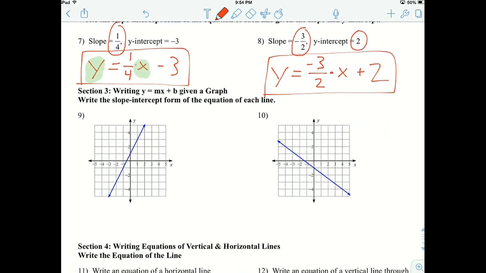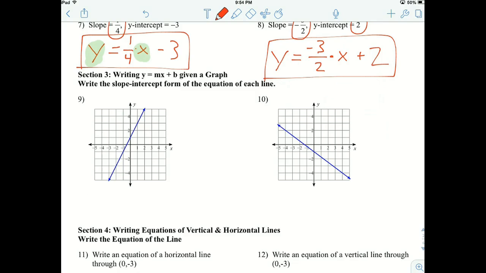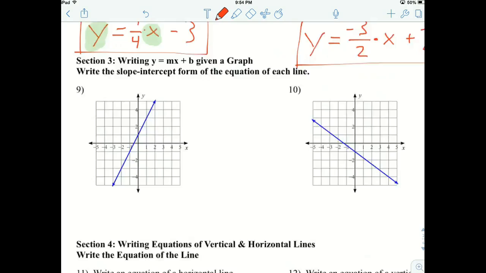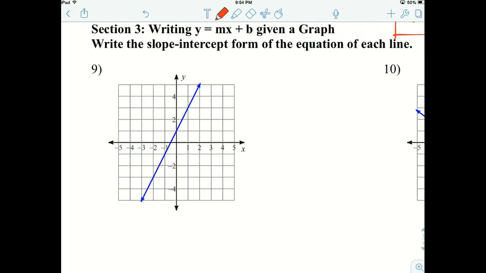If we scroll down a little bit, we can do this from a graph as well. On this graph, number 9, we can figure out our slope and our y-intercept by giving ourselves a couple points. So I see that it crosses the y-axis right here, 1 up. Another place that it neatly crosses a grid line here is 1 over and 3 up. So I give myself those points to make it a little bit easier to do this.